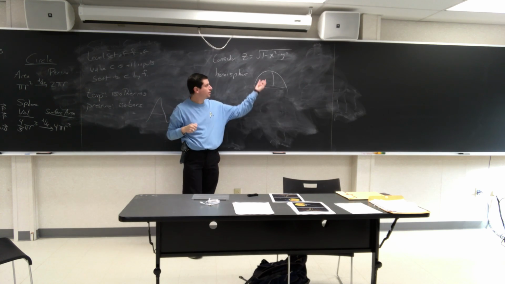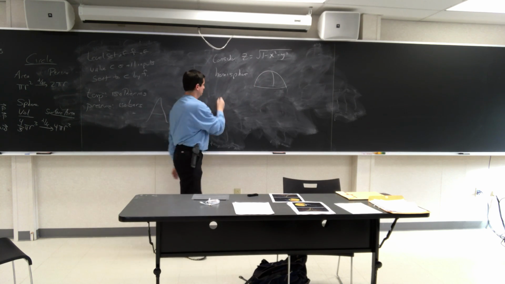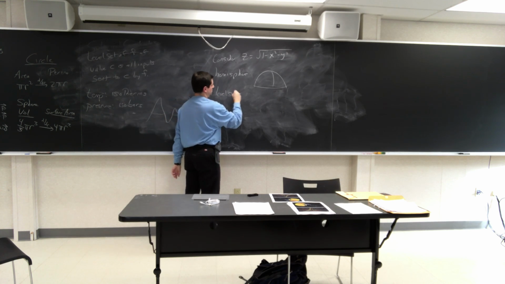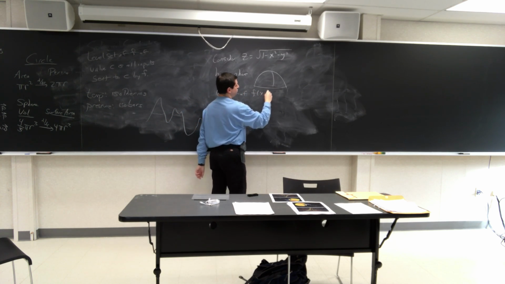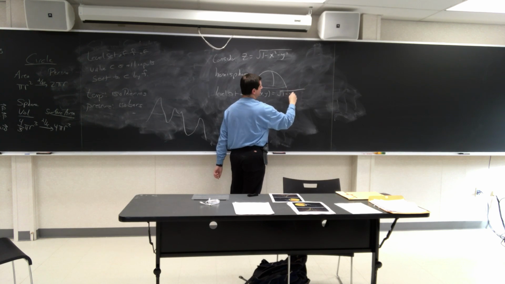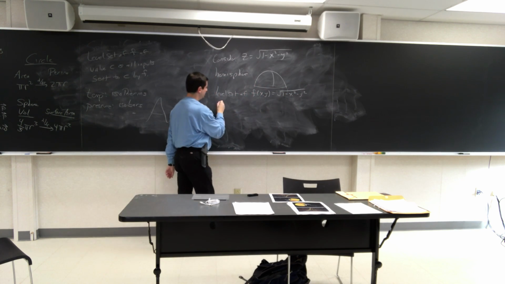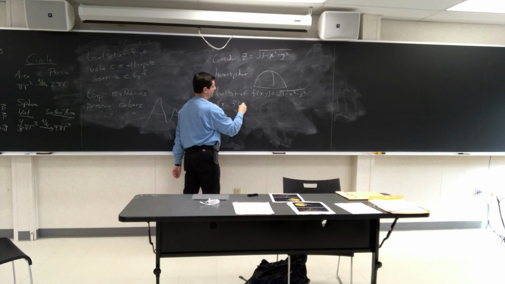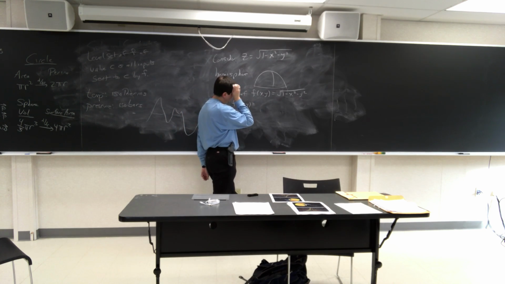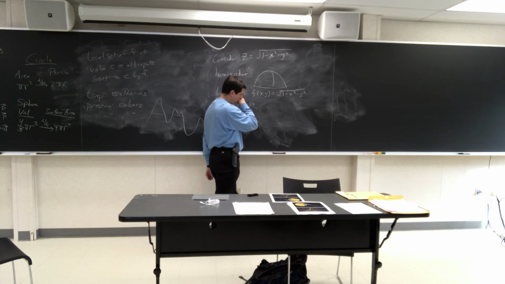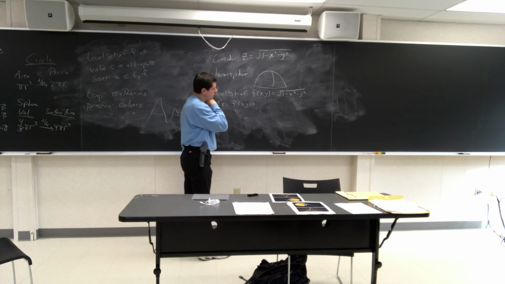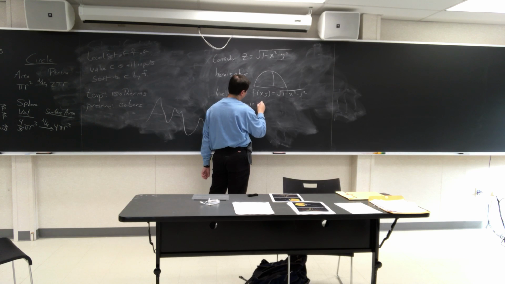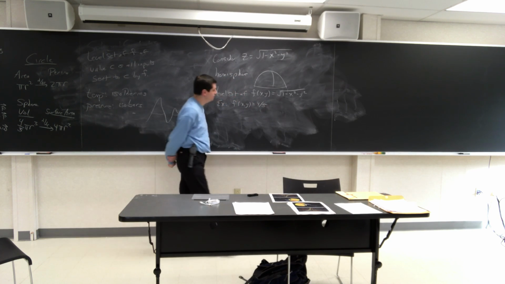And then what I can do is look at the level set of, say, f of x y is the square root of 1 minus x squared minus y squared. So for example, what's the level set of f of x y equals 4/5?